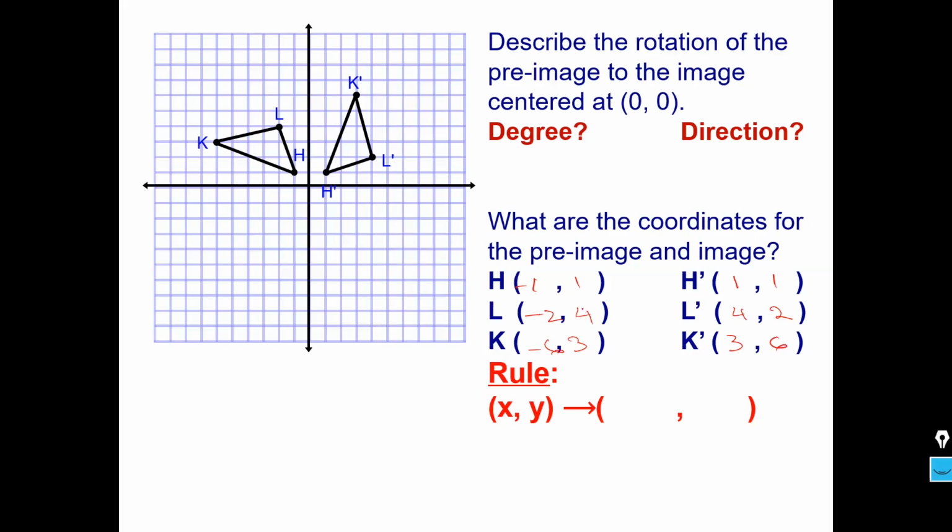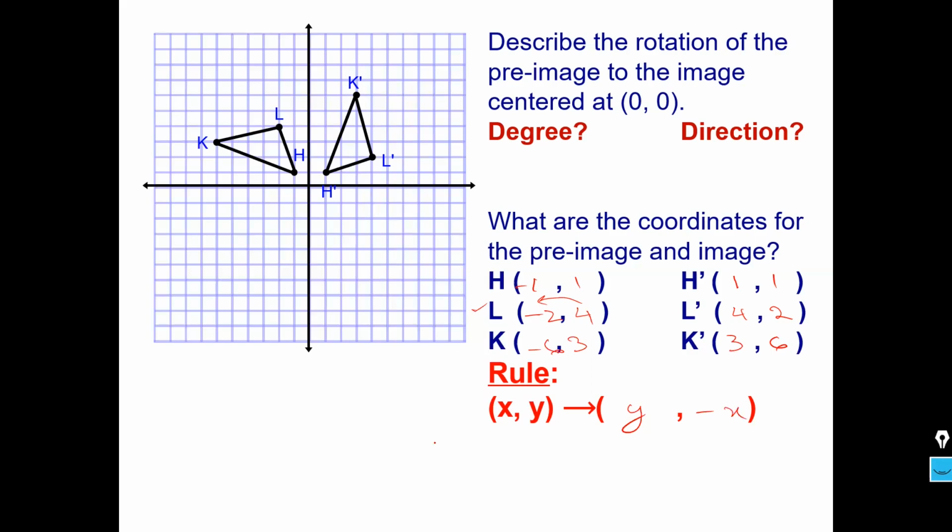So what happened here, you can check with any one of the points: 4 has transferred to the x place without changing sign. So it means -2 has been multiplied and moved to the y place, so it has become negative x.